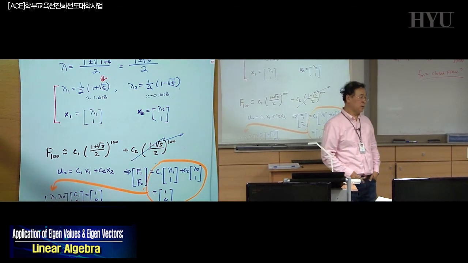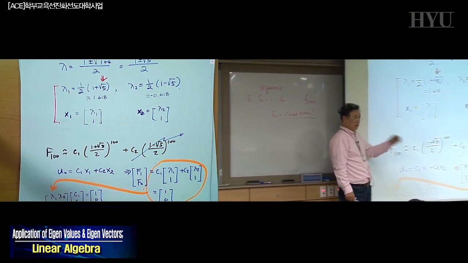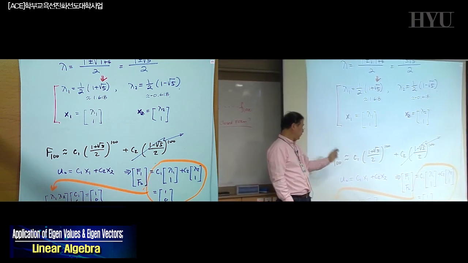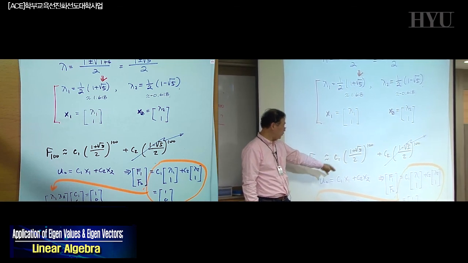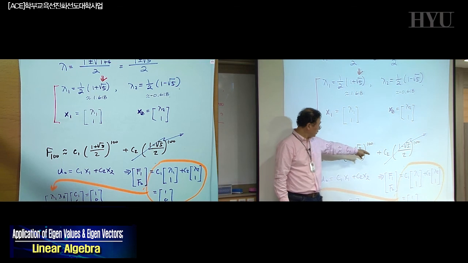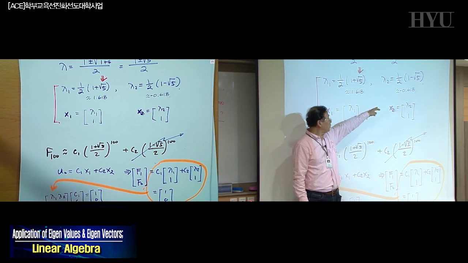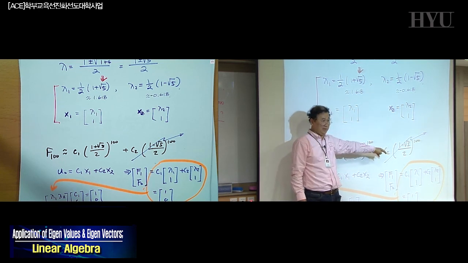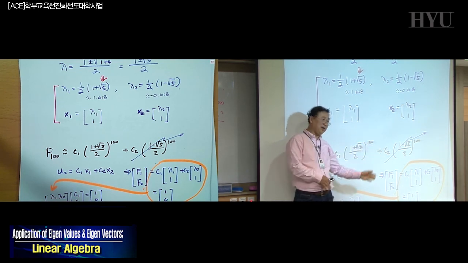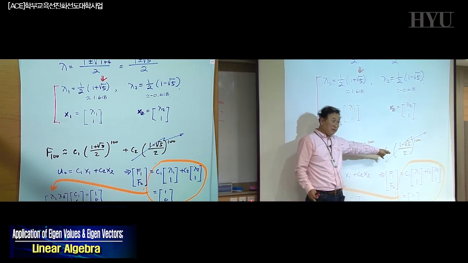So what can you observe here from this equation? C1, C2 you can compute using the initial condition, right? Then this one, what's the second term? The value is around 0.618, so as k increases, this will decrease and disappear, right?